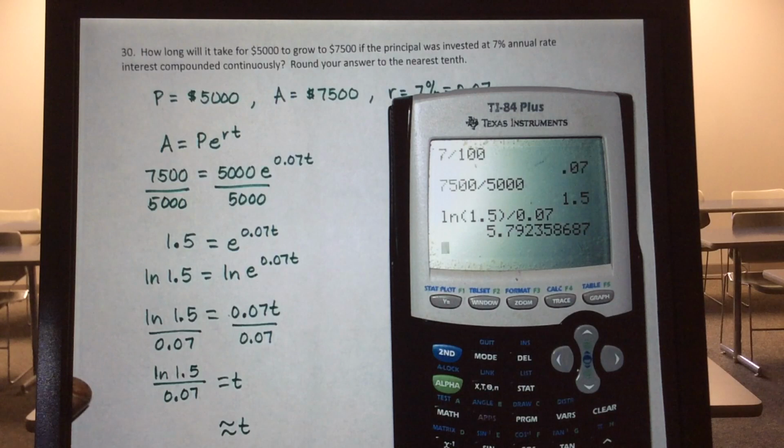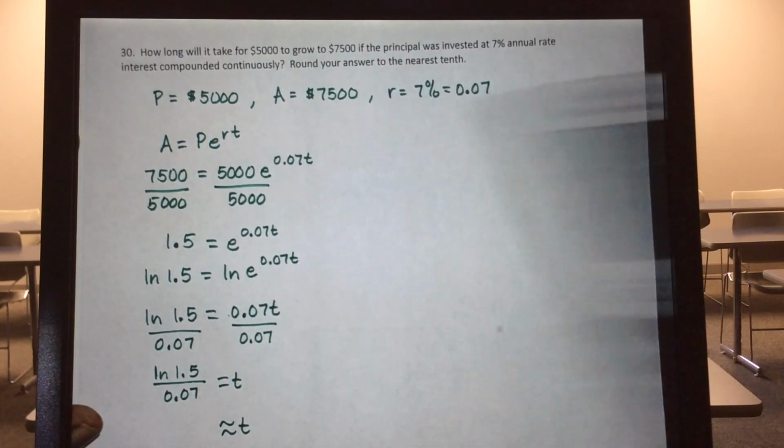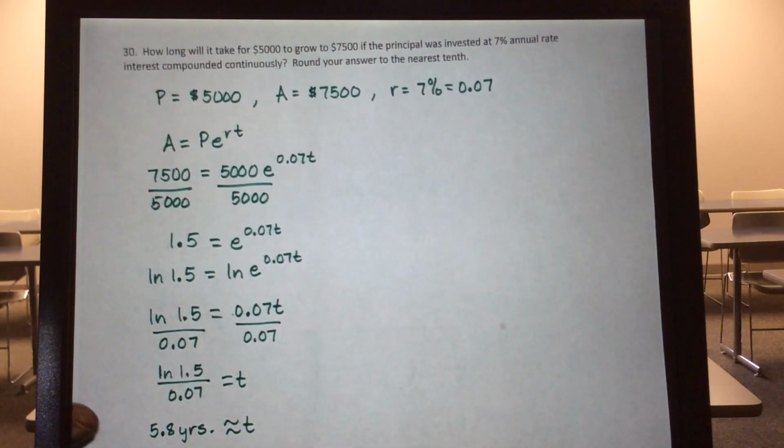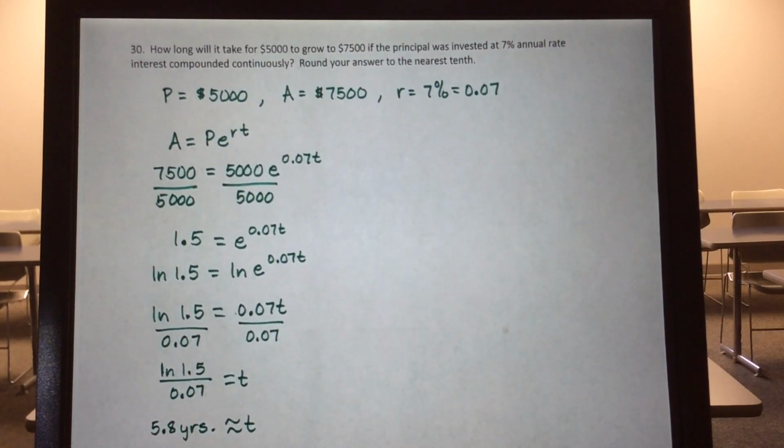To one decimal place, that would be approximately 5.8. So this is going to take approximately 5.8 years for a $5,000 investment to grow to $7,500 at 7% compounded continuously. Okay?